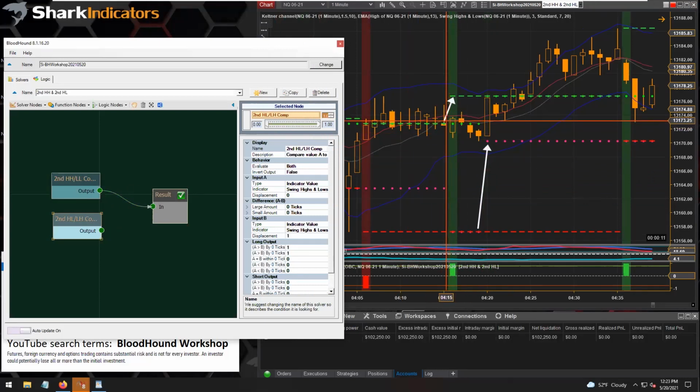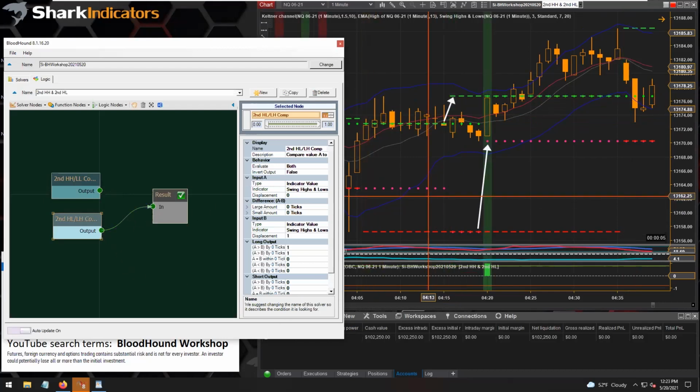So I've got the higher highs stepping higher, and now I have the swing lows forming a higher low, right? So I've got the lows stepping higher, and now I need to combine those two.